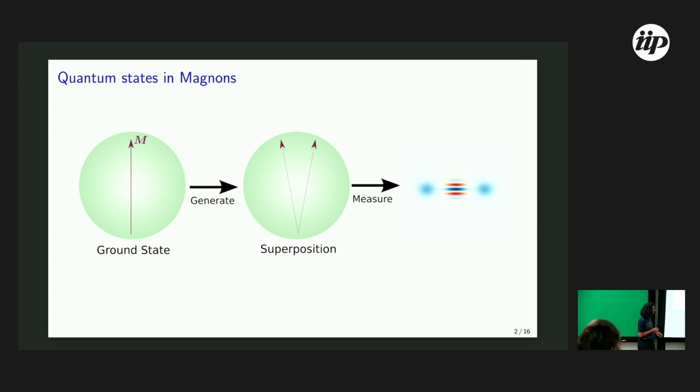What I am showing here on the right side is something called a Wigner function. For people who don't know, it's a representation of a state. So the superposition state is this kind of Wigner function. You're supposed to look at this as the x direction of magnetization, and this as the y direction of magnetization.